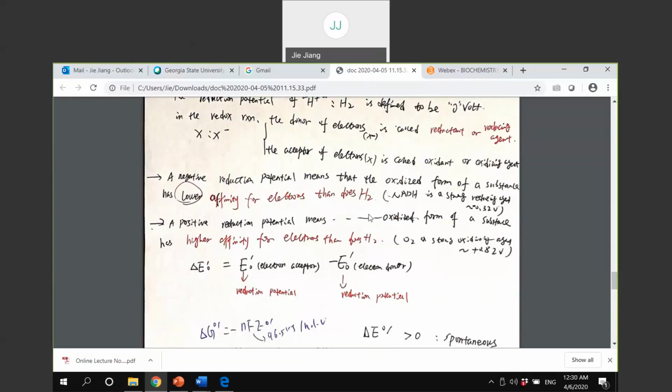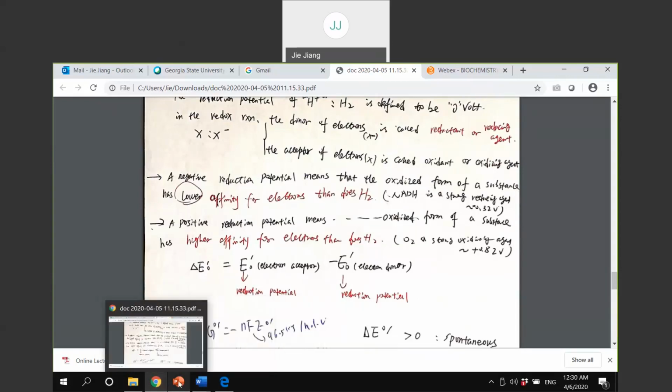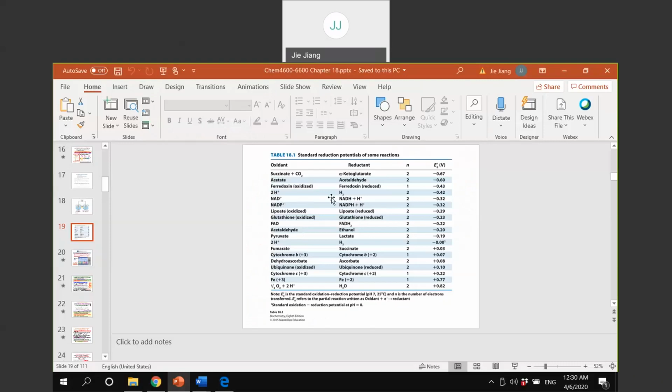So what does that mean? For example, let's find NADH in the table. NADH, NAD plus, is here. It's negative 0.32. So that means the oxidized form, NAD plus, has a lower affinity for electrons compared to hydrogen.